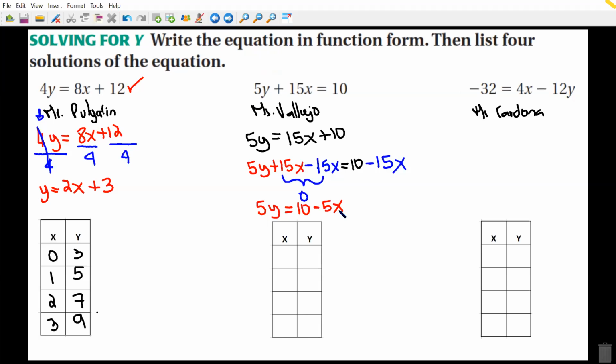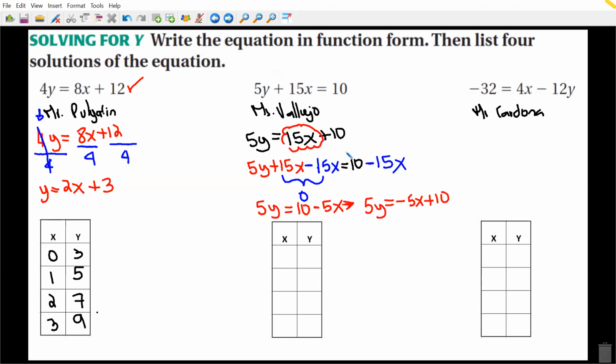Teacher, organize it. Okay, I'm going to organize this equation. So 5y is equal to negative 5x plus 10, right? Yes.